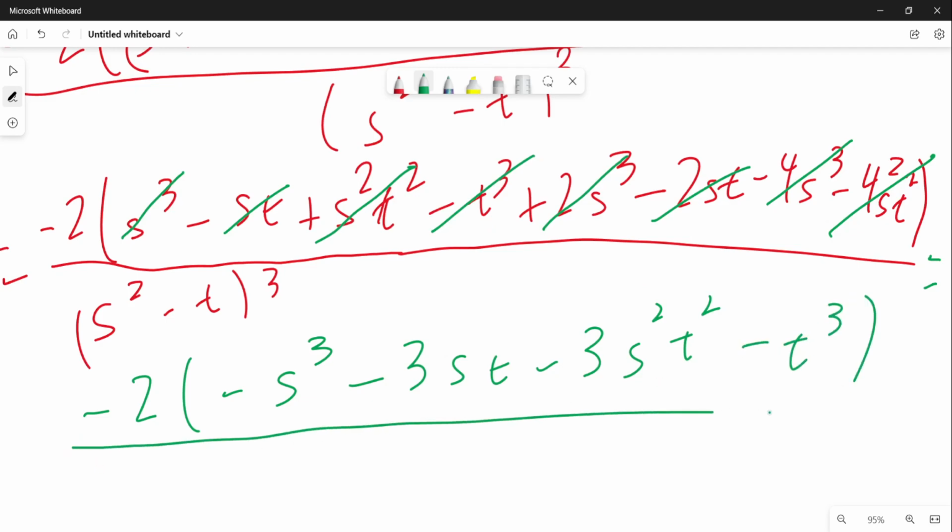I guess I can take a negative sign out of these, make those all positive, over s squared minus t to the third. Is that right? 2s cubed plus 3st, 3s squared t squared plus... All right, that is correct. Fortunately, I did not make any mistakes this time.